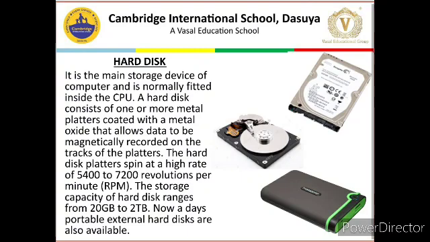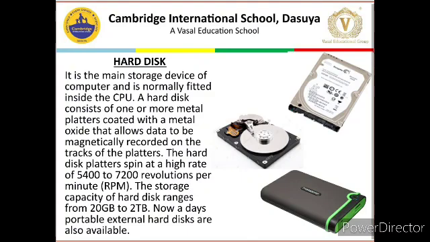The hard disk platters spin at a high rate of 5400 to 7200 revolutions per minute. The storage capacity of hard disk ranges from 20 GB up to 2 TB or more. Nowadays, portable external hard disks are also available.